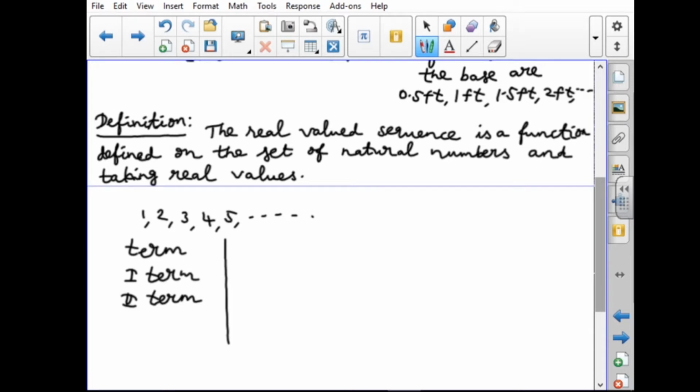The first position we denote as A1, the second one as A2, the third one as A3. The nth term we denote as An. So finally, we write the sequence in the form A1, A2, A3, etc., An. This is the form of the sequence.